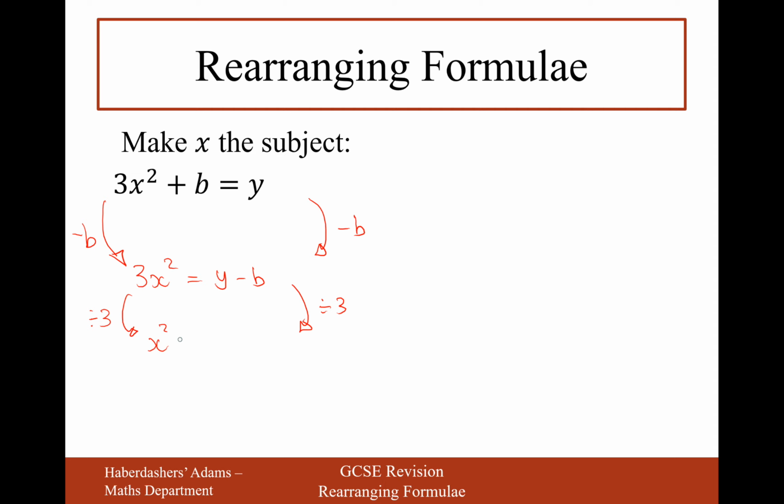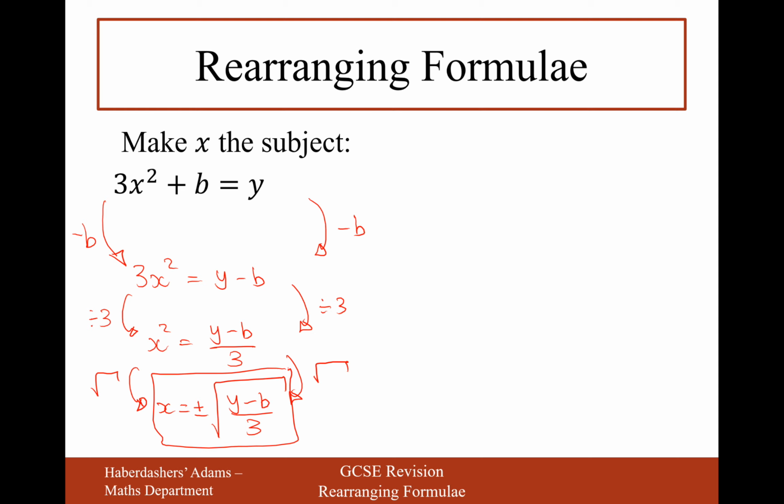So x squared equals y minus b divided by 3. And then I'm going to get rid of the square symbol by square rooting. So x equals plus or minus the square root of y minus b over 3. And there we are, that's the answer in this question.